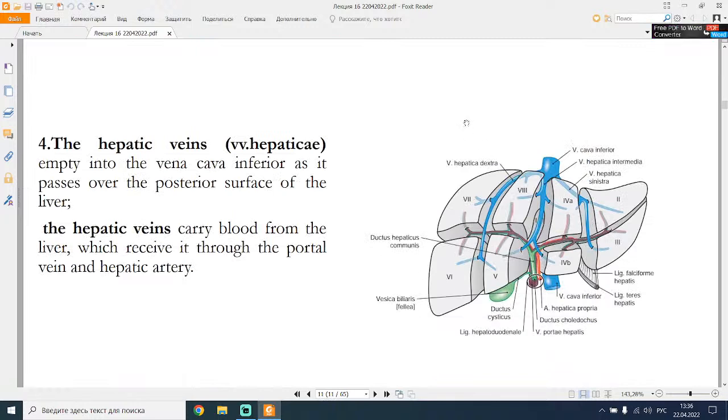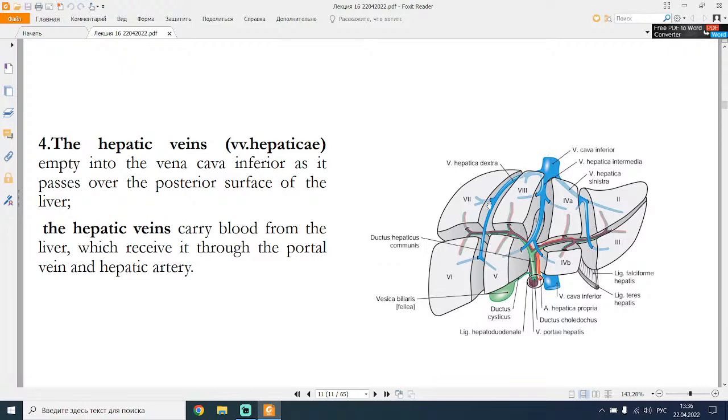Next veins, the hepatic veins, venae hepaticae, empty into the vena cava inferior as it passes the posterior surface of the liver.